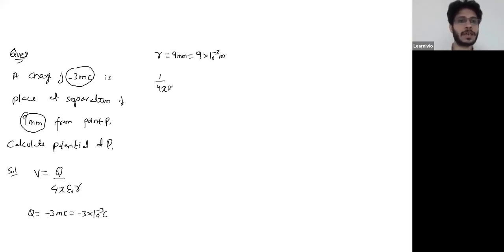And 1 over 4 pi epsilon naught is 9 into 10 raised to the power 9. If I substitute these values, Q is minus 3 into 10 raised to the power minus 3, 1 over 4 pi epsilon naught is 9 into 10 raised to the power 9, divided by R, which is 9 into 10 raised to the power minus 3. This 9 will cancel this 9. V is minus 3 into 10 raised to the power 9.